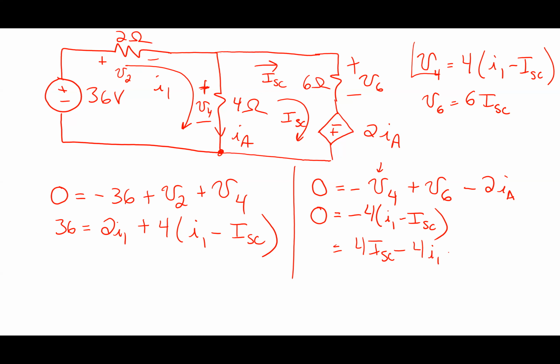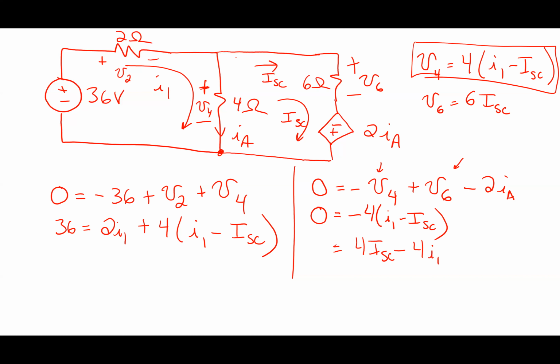But the key thing is there were 2 minus signs. Based on the way I defined V4, I have to make sure that this equation is set up consistent with the passive sign convention, and also consistent with the signs in KVL. There's a lot of negative signs to track. So that's why I said try to keep it step by step. It makes it a lot easier to do.